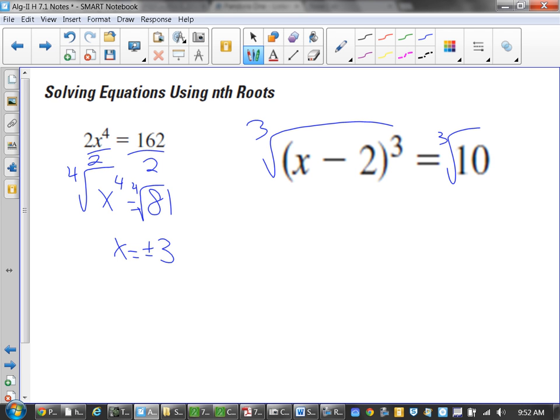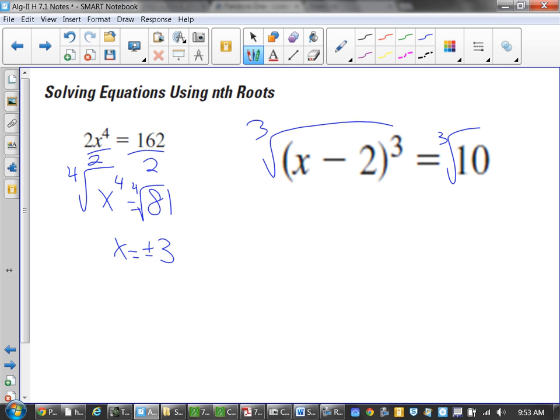Now, since the cube root of 10 is not findable, unless you're going to approximate, when I work with some of these equations, I want us to try it both ways. I want to write out the real solution. I don't mean real in terms of imaginary and real numbers. What I mean is exact. I'm going to write it out in terms of exact, and then also do the decimal approximation.